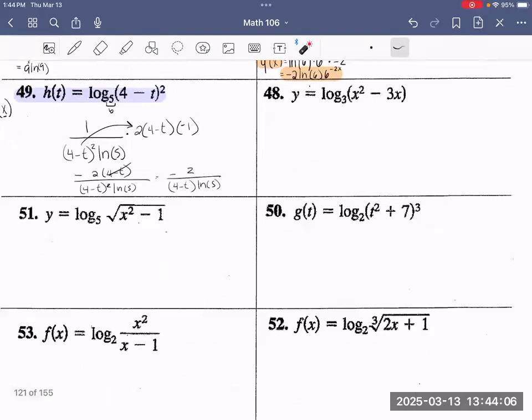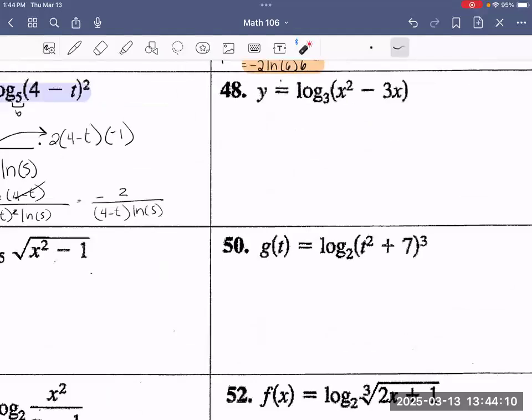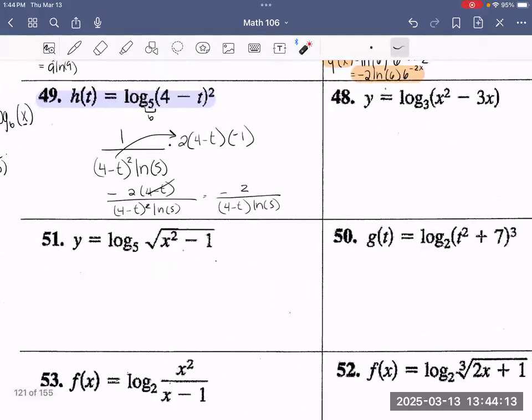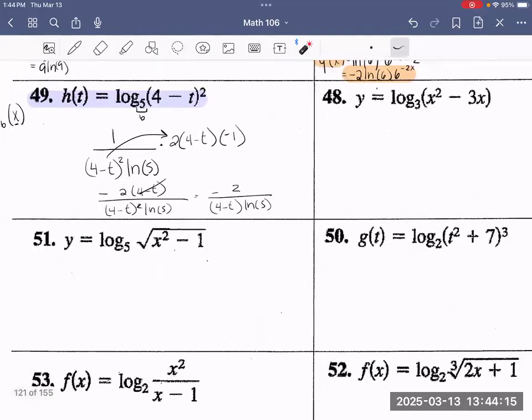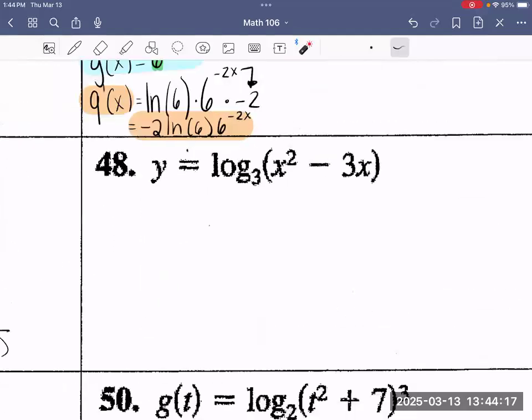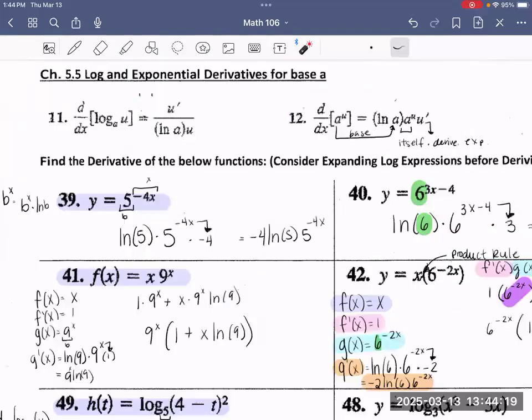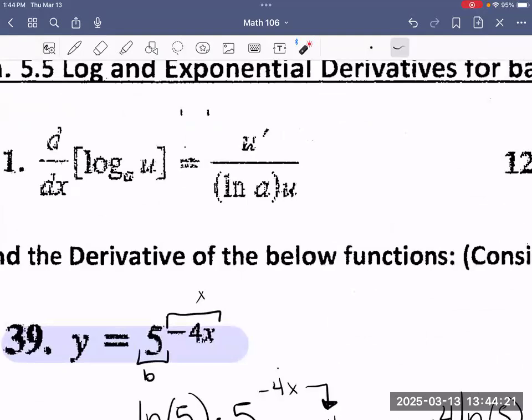So let's journey into your logarithmic functions. So here, let's do this one. Now, keep in mind when we talk about a logarithm specifically, ln is a logarithm. That's why we get to use the property of this ln here. It's just in a different orientation.